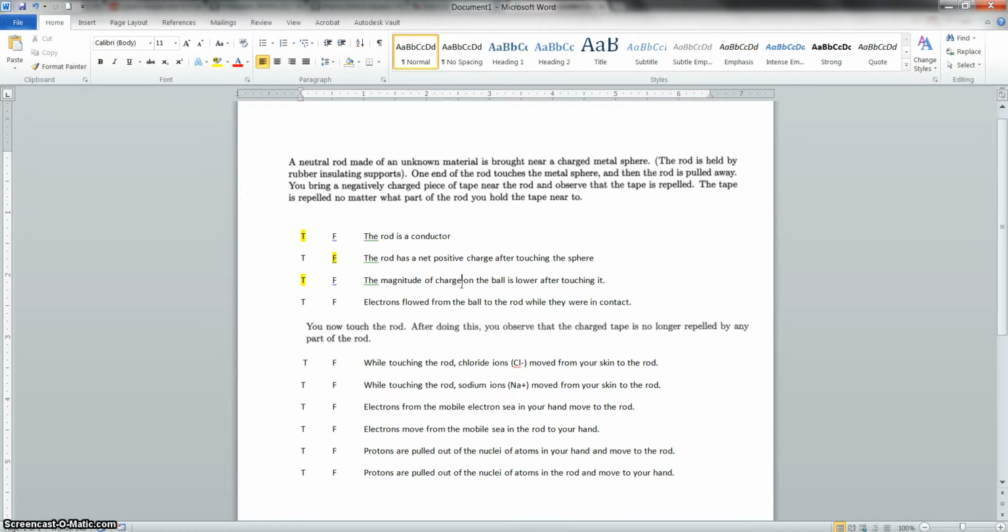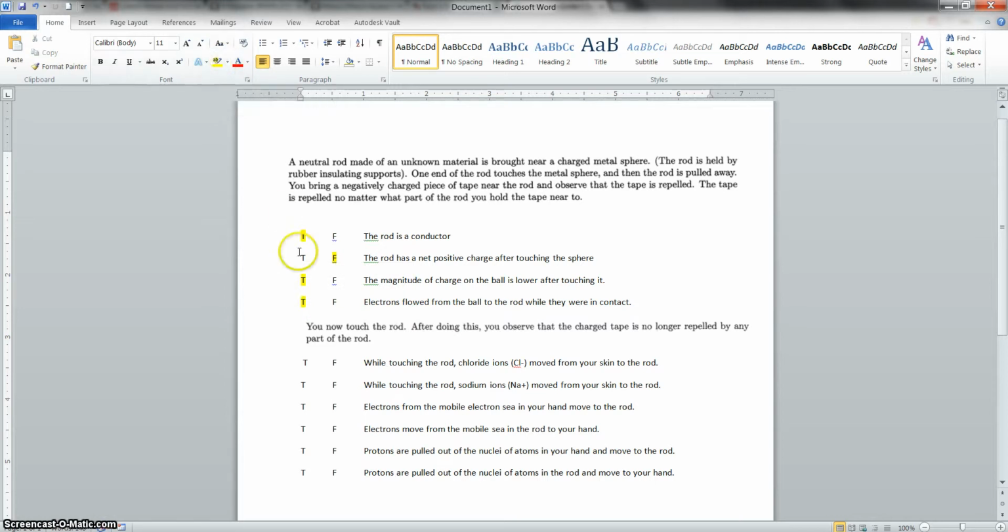And so since those electrons flowed, some of those excess electrons from the sphere flowed into the rod, which allows the sphere to have a lower magnitude of charge. And so, as I just explained, electrons flowed from the ball to the rod while they were in contact. They flowed into a place of less charge, so to speak.